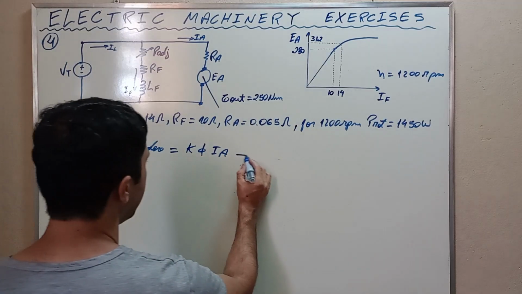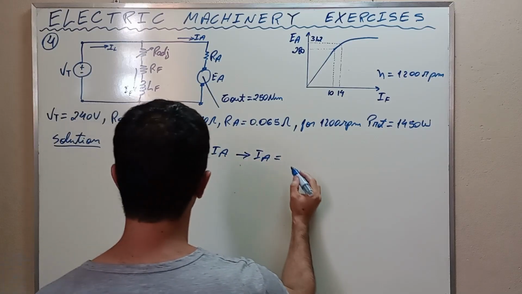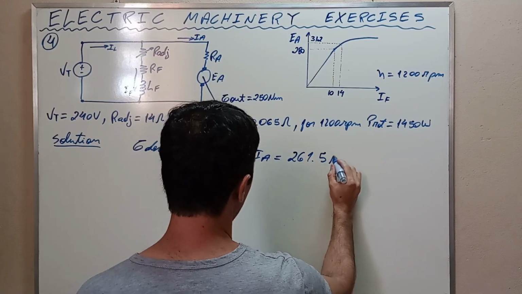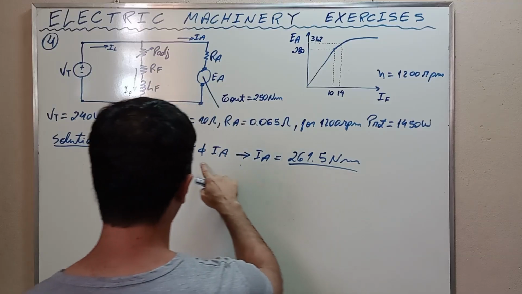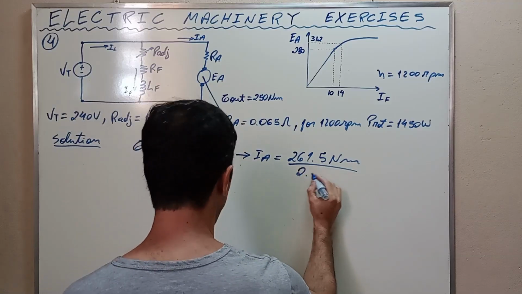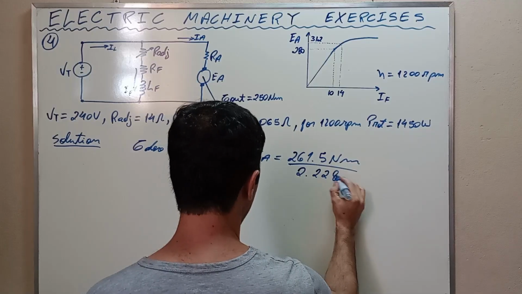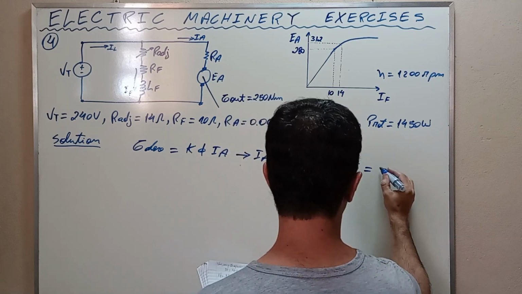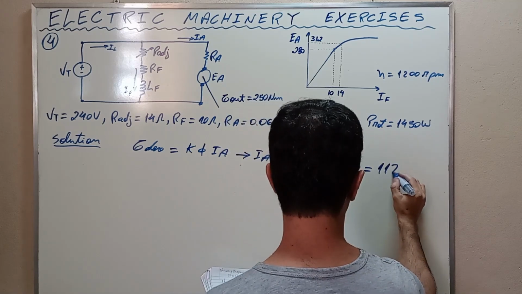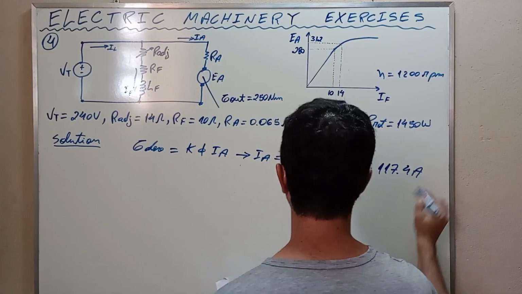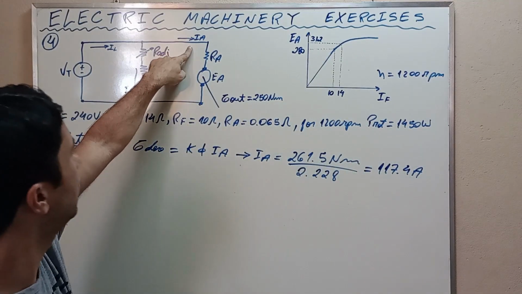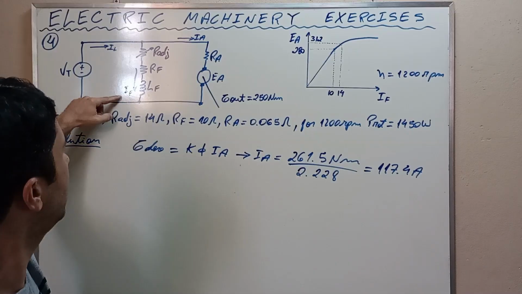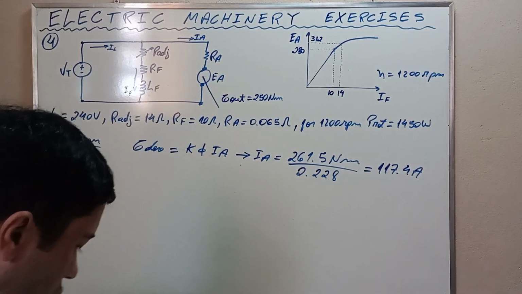So solving for IA, we find that it is equal to 261.5 Newton meters divided by 2.228, and this is equal to 117.4 amps. IA is this current here that goes to the load. This is IF, this is IA.